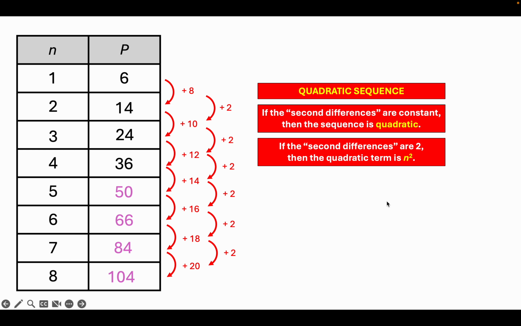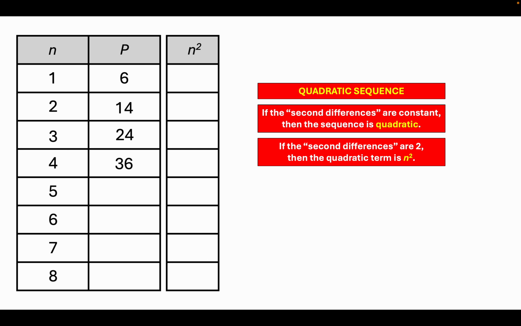What do I mean by that? Whatever our rule is, it's going to contain an n squared, not a multiple of n squared, not a half n squared, not a 5n squared, but exactly 1 n squared. So if the rule was n squared, what numbers would I get?